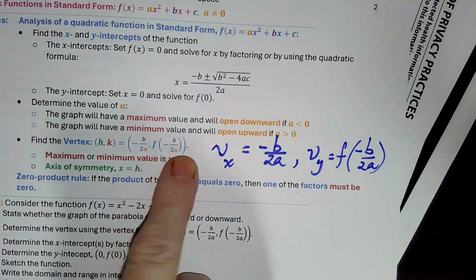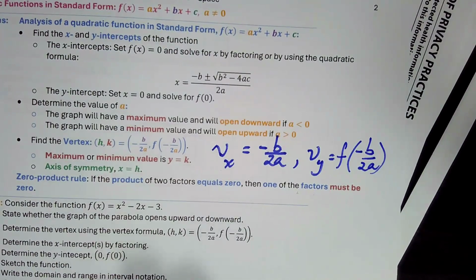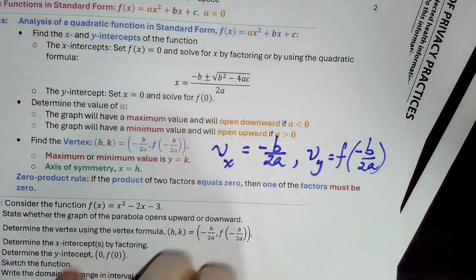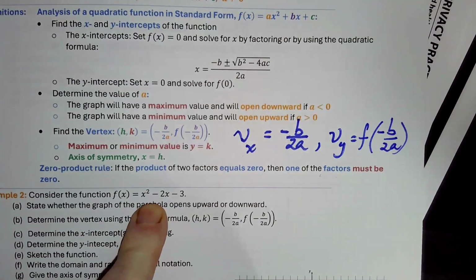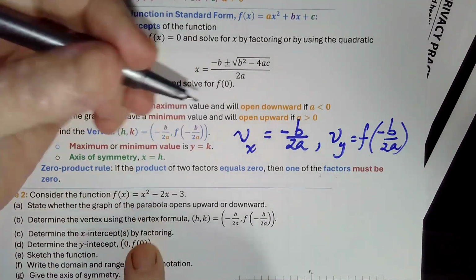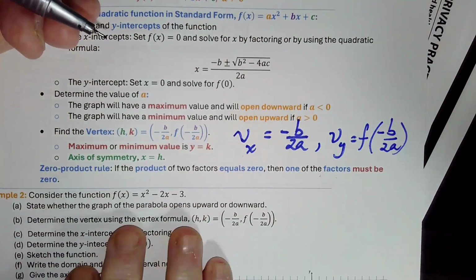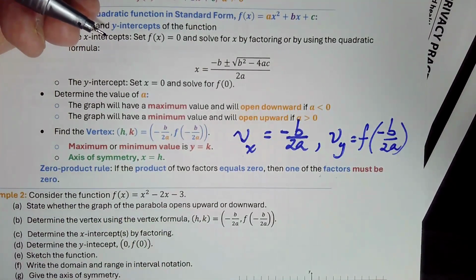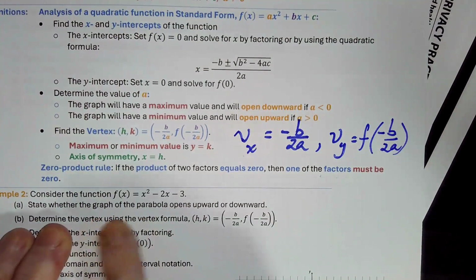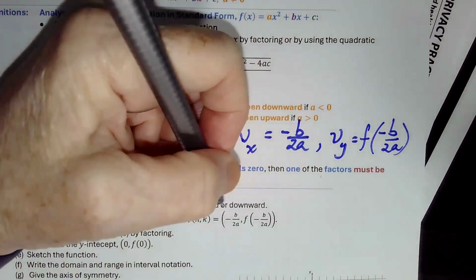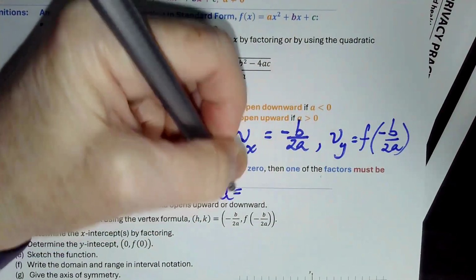And that's what this formula means. So let's do that. Let's figure out the vertex for example 2. And we should answer the first question first. So I'm skipping so many steps.